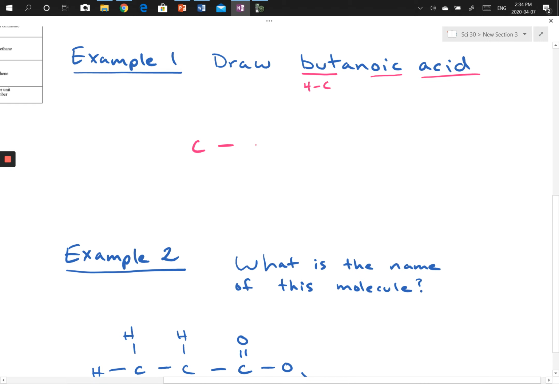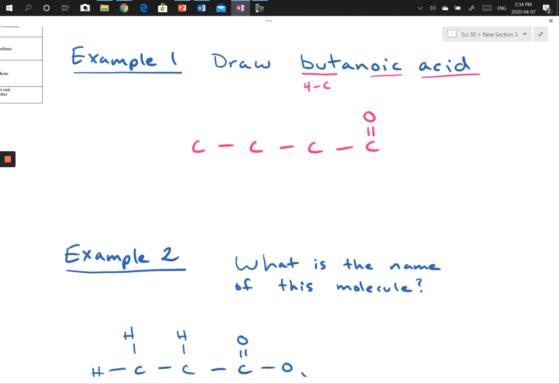We're going to have 1, 2, 3, 4 carbons. And on one of the ends, and this can only happen on one of the ends, I'm going to have a double bond. Now, we haven't seen a double bond yet. In the regular course, we would have looked at this already, but we're doing this online and trying to stick to the basics.